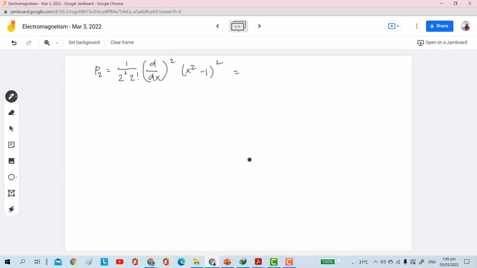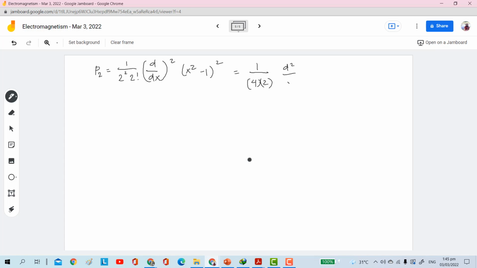So this is equal to 1 over 2 squared, which is 4, times 2, so 1 over 8. And then you have to get the second derivative of x squared minus 1 squared. In order to simplify this, to make it easier, we can expand it first.